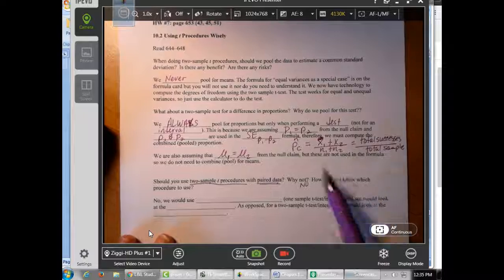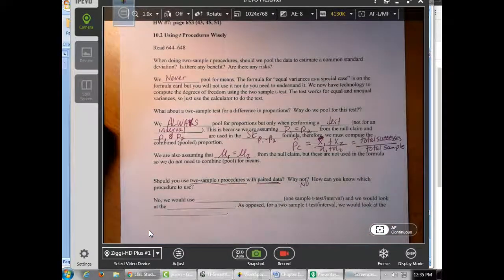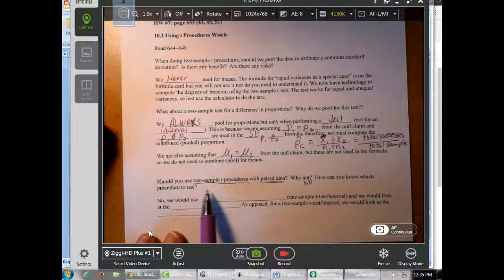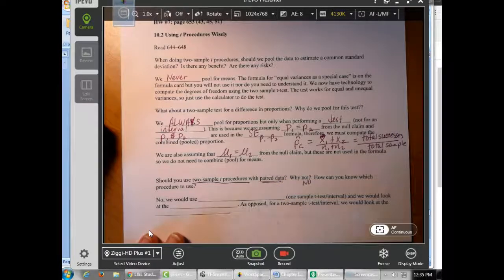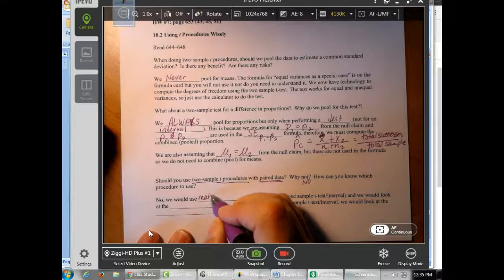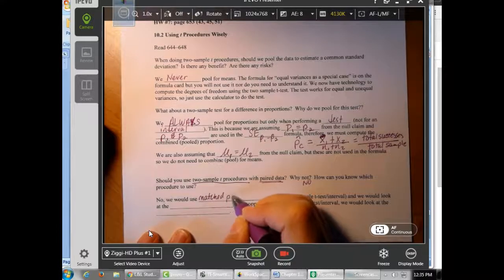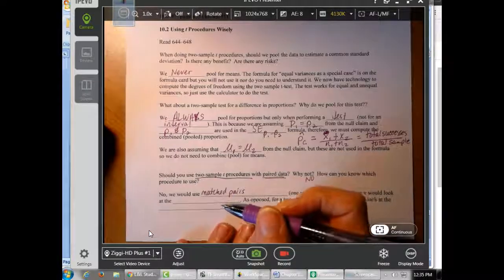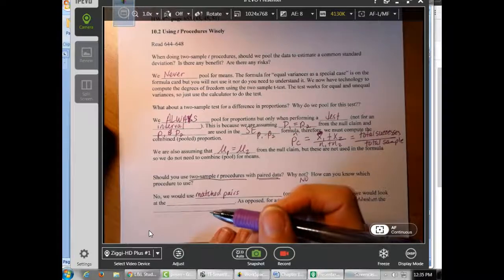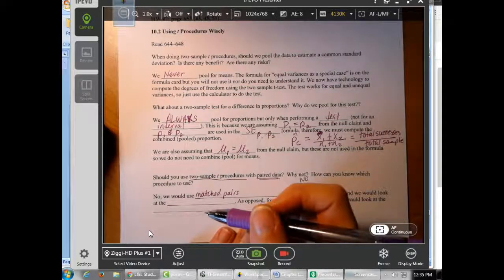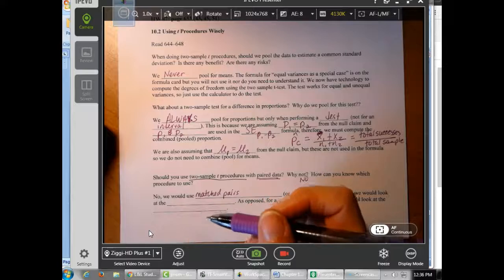And how can you know which procedure to use? So let's talk about this. If we have matched paired data, we're going to use matched pairs, whichever test or interval you're trying to construct.